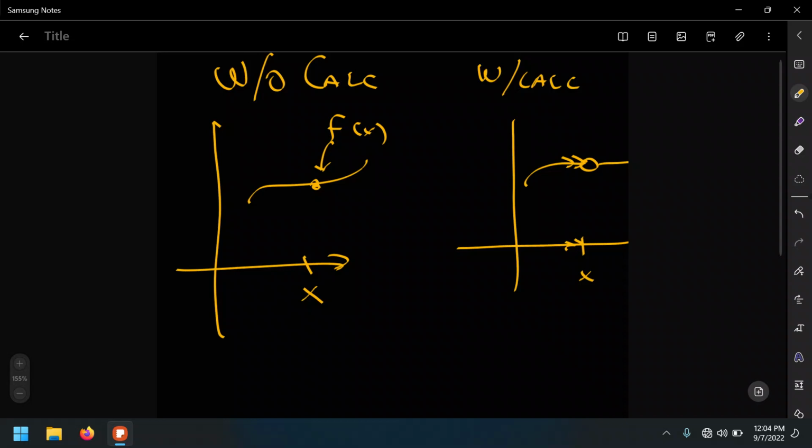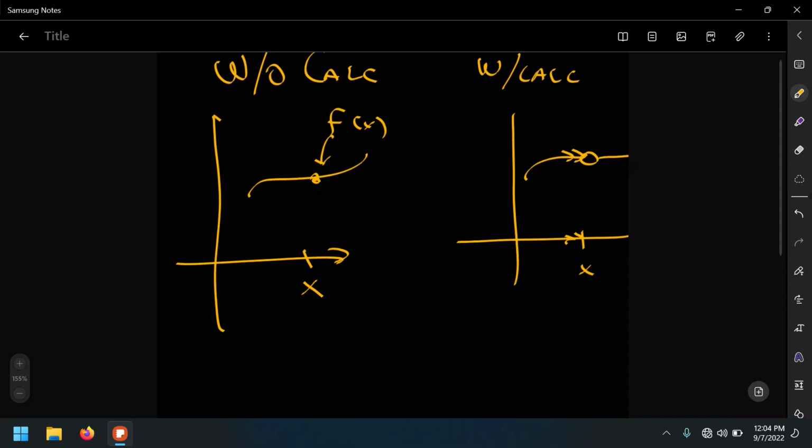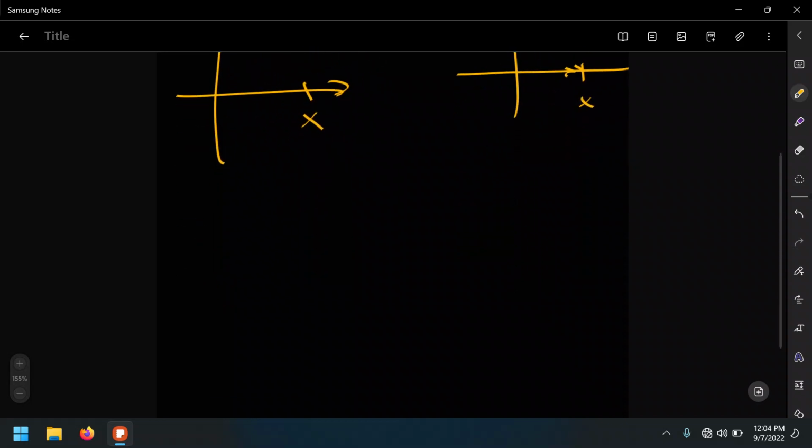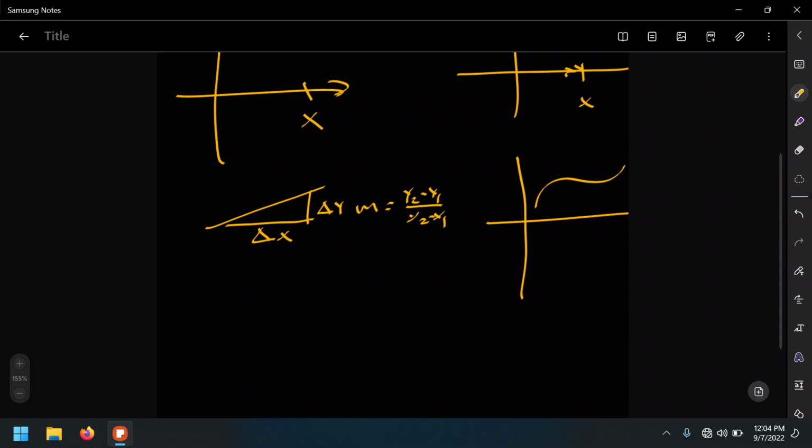Another piece of information that we found without calculus was the slope of a line, the delta x and the delta y: m equals y2 minus y1 over x2 minus x1. But with calculus, we will be able to find the slope of a curvy shape.